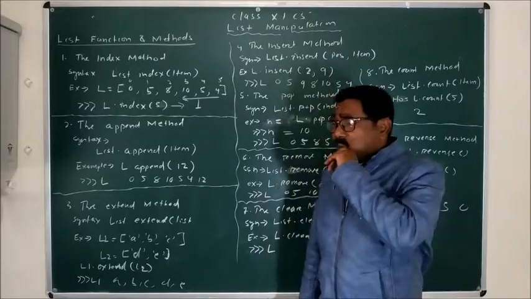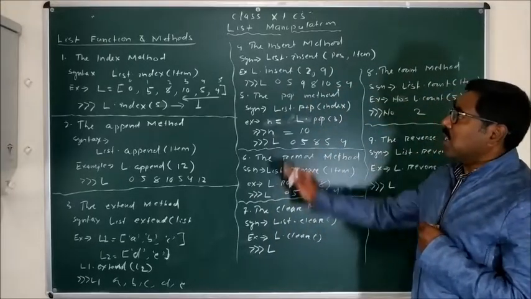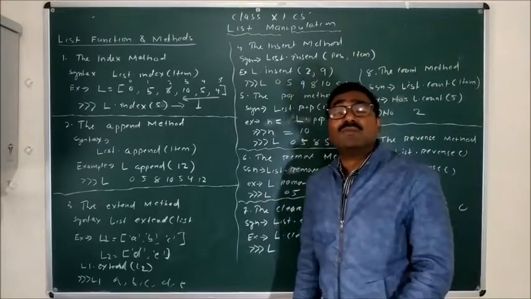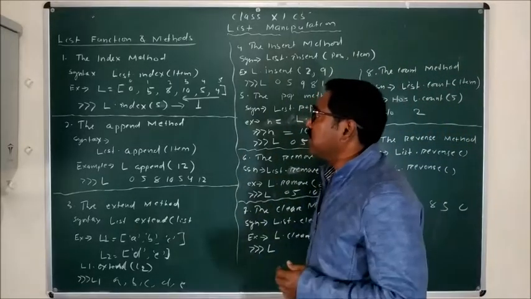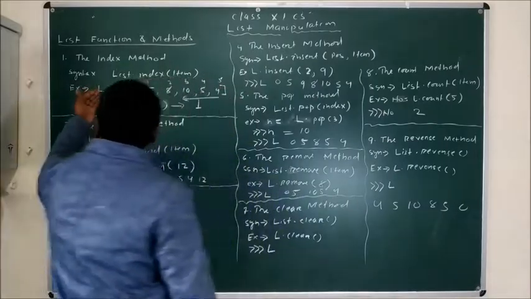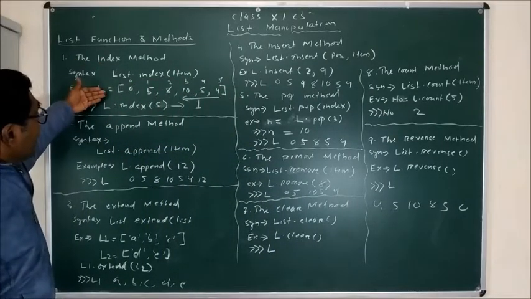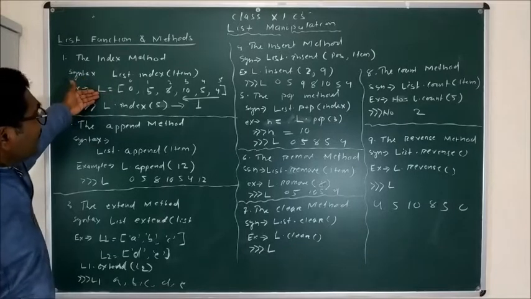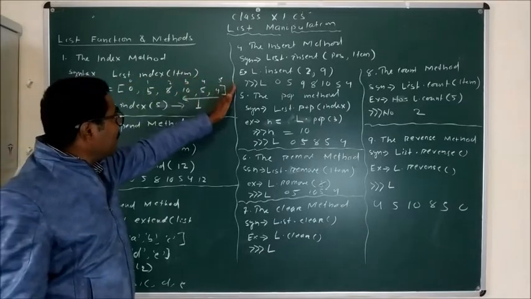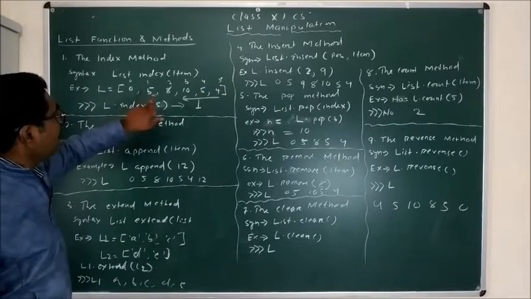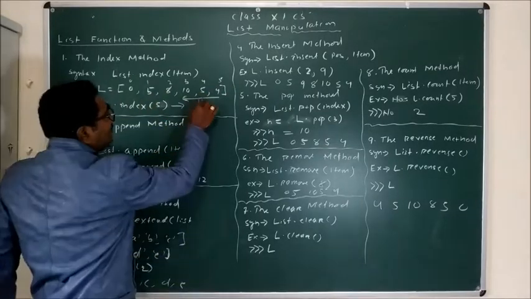Okay, if you are getting confused about how these functions are used, it is better to try them using Python, because I have written everything. The first line you have to write like this, the second line you have to write like this. If you write the first line in the command prompt itself and press the enter key, then write the second statement and press the enter key, we will get this output.